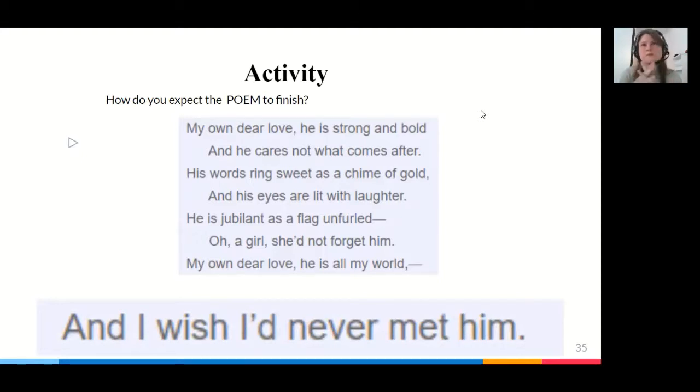For example, Monsters Incorporated. It's totally situational irony because they are monsters who are supposed to scare children, but they are constantly scared by the children. So the whole situation is ironic. Not like Alanis Morissette's song, that's just unfortunate or tragic. Let's go to the next activity with Rafael.